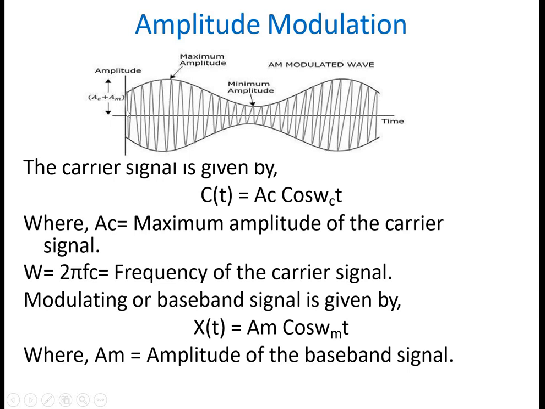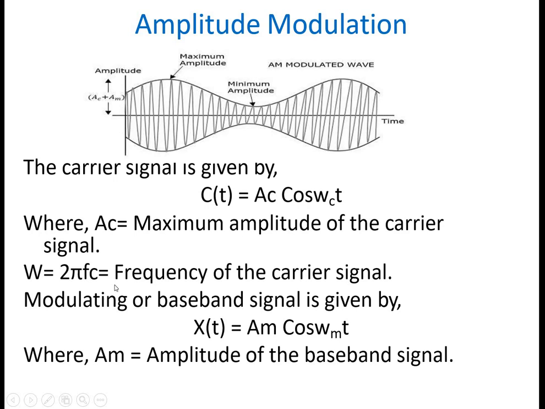This is all about the AM modulated wave, and the output of the AM modulated wave is nothing but AC plus AM. From this, I have derived the mathematical equation. A carrier signal is given by c of t equal to AC cos omega ct, where AC is the maximum amplitude of the carrier signal and omega is the angular frequency.